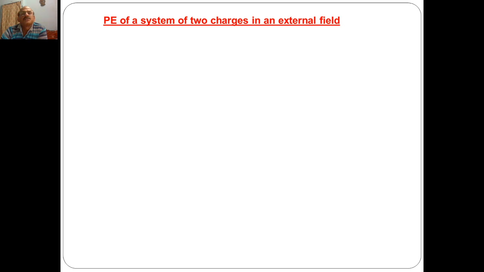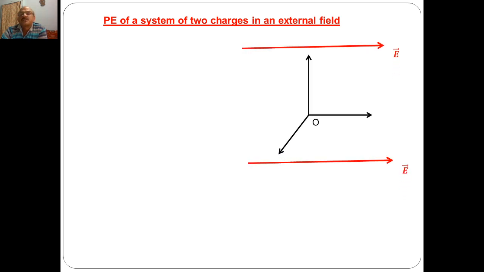Now potential energy for two charges in an external field. Let here external field E. First the charge q1 is brought at position vector r1 from origin.